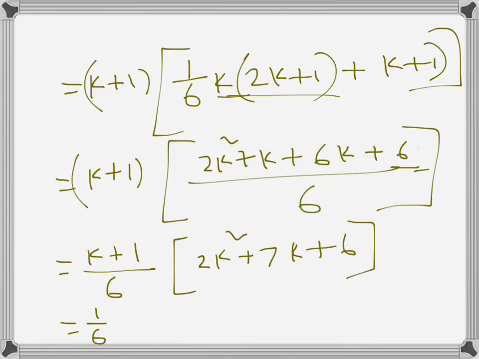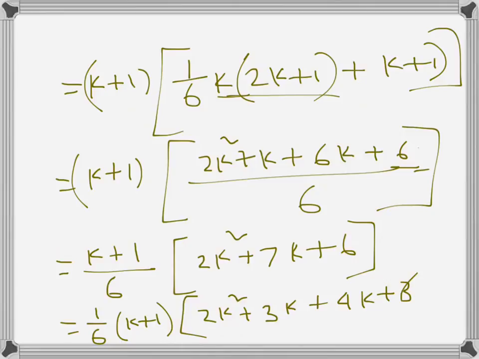So 1/6 k plus 1 stays there, and here I can write 2k square plus 3k plus 4k plus 6.